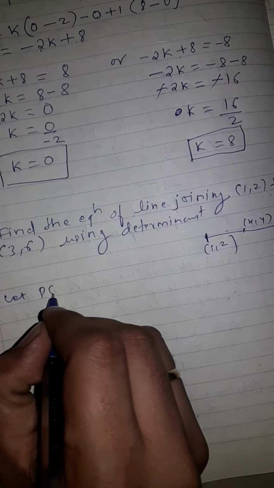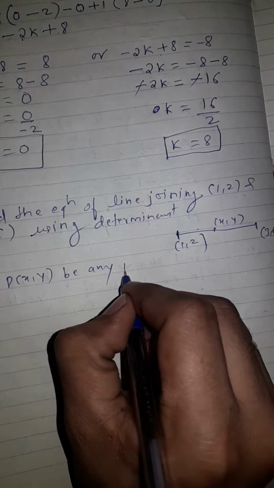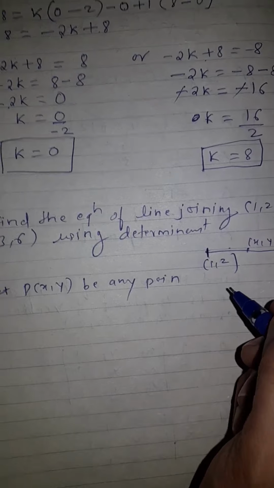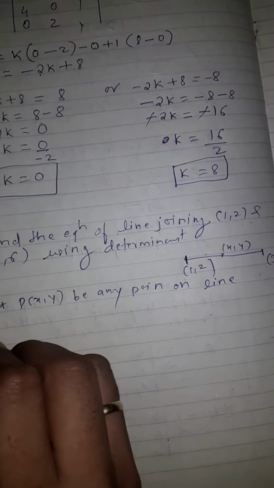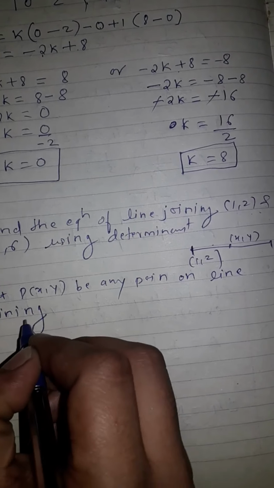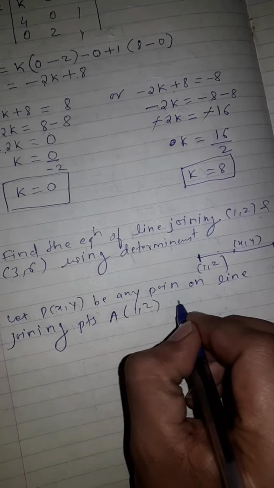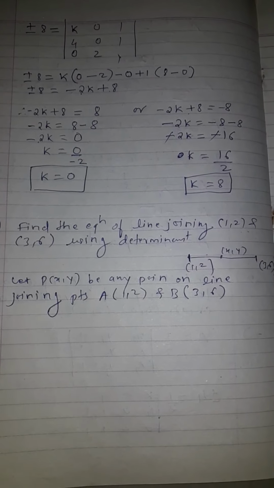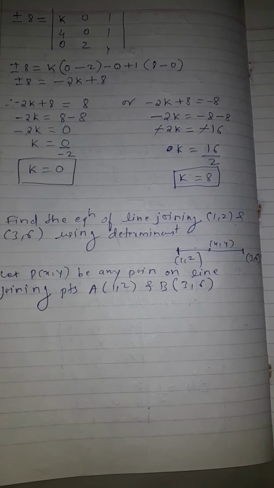So here you have to write: let P of xy be any point on the line joining points A 1 2 and B 3 6.